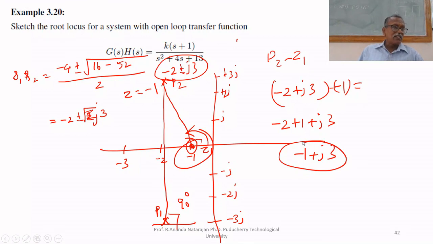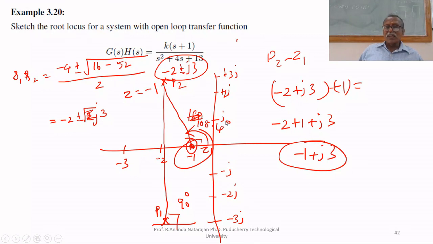Find the angle: 108.4. You can directly find that angle, 108.4 degrees. I understand this. Test point minus other pole, then enter in the polar to rectangular coordinate function and you will get the angle immediately.